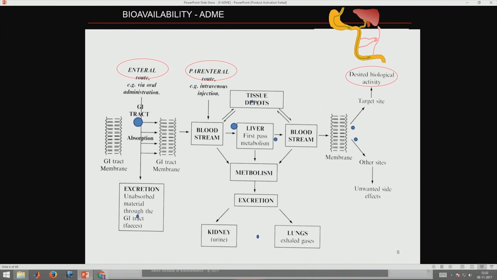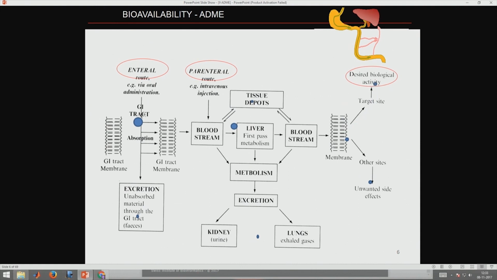Only a small amount of drug goes into the bloodstream and reaches the target site, and again only part of the drug will go to the active site, while part will bind to other proteins, which also becomes useless. So only a small amount reaches the target site.